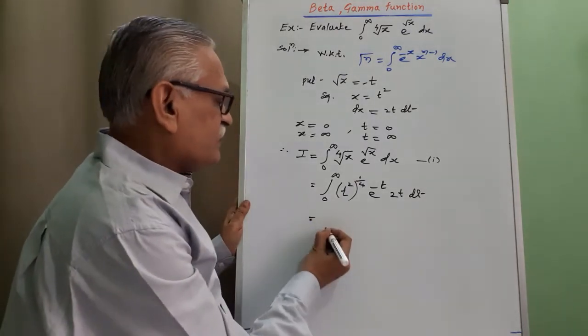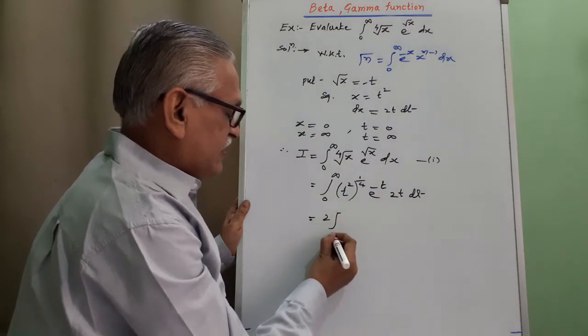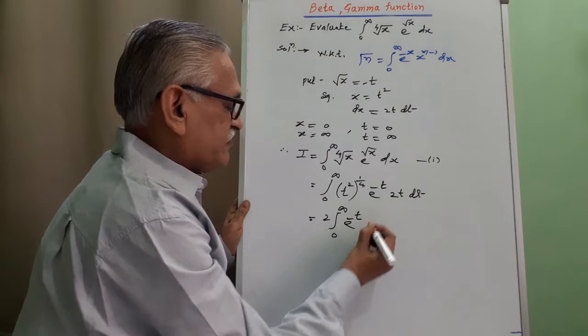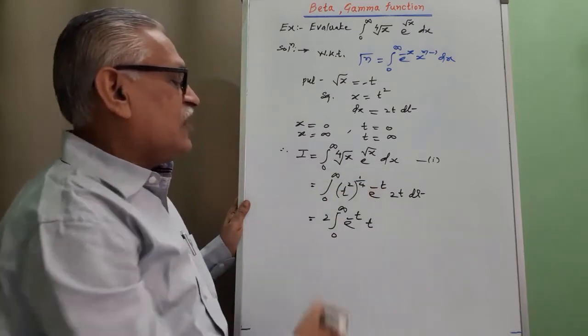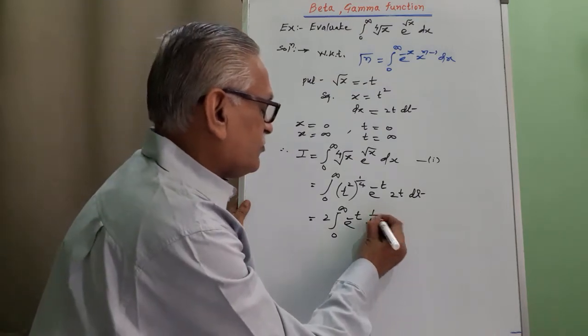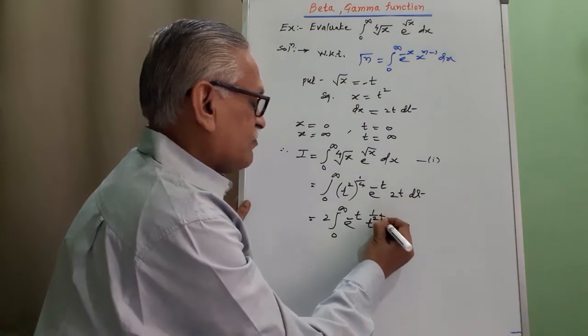It is equal to 2, we can take outside, integral from 0 to infinity e raised to minus t, and this is t raised to 1 by 2, 2 by 4 means it is 1 by 2, and this one more t, plus 1.